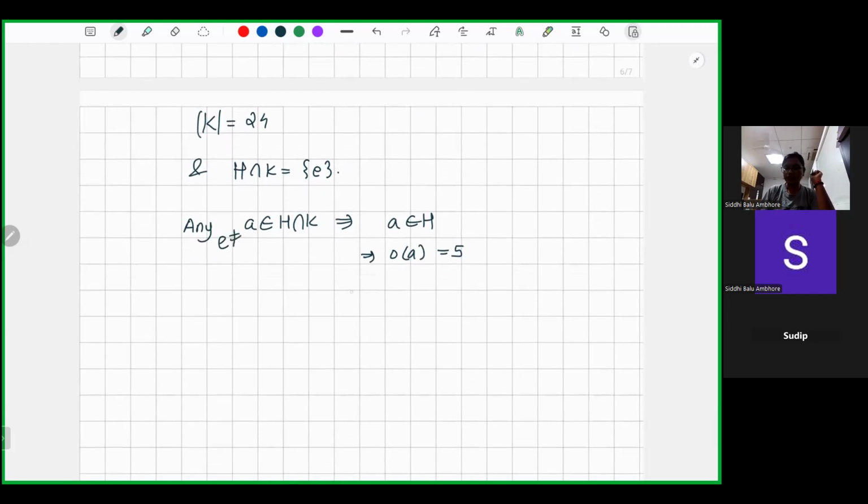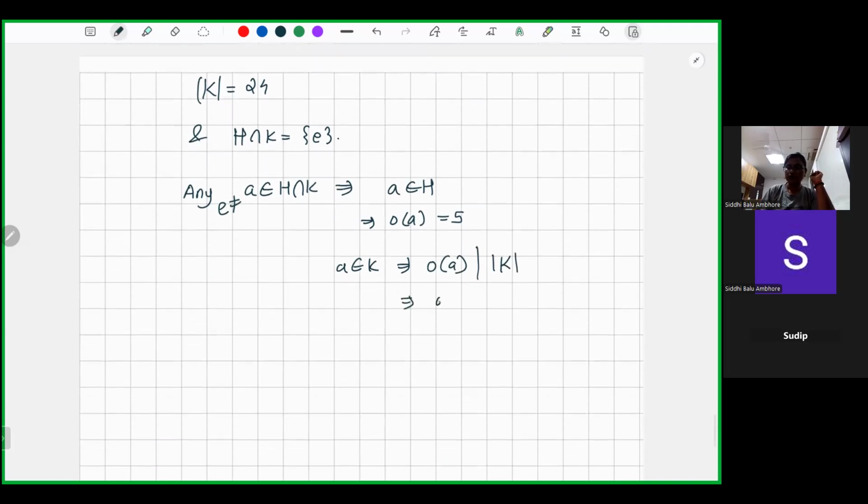And also, A belongs to K. This implies the order of A will divide the order of K, so 5 divides 24. This is a contradiction. So the intersection of H and K is just the identity element.